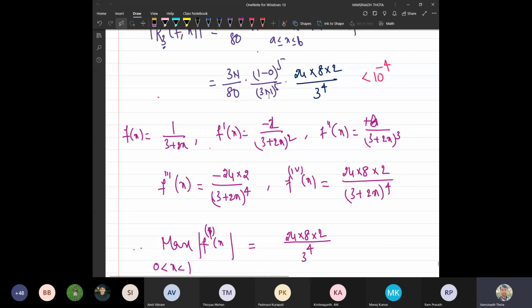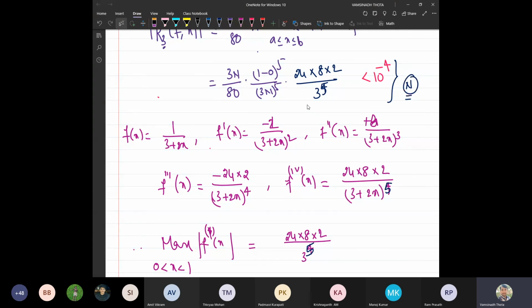So many calculations, please continue this one and evaluate the value of n. Yes, you are right, 3 to the power 5 below. This is 5, this is 5. From this one you will get the value of n.